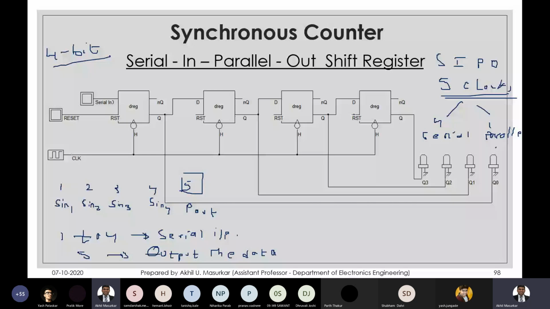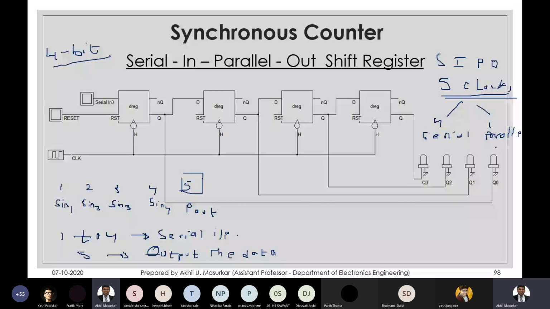So till the first 4 clocks, it is acting like a serial in serial out register, but at the fifth clock we are reading all 4 in one go. Okay, let's look at the next one.